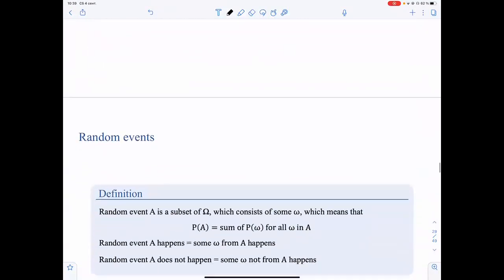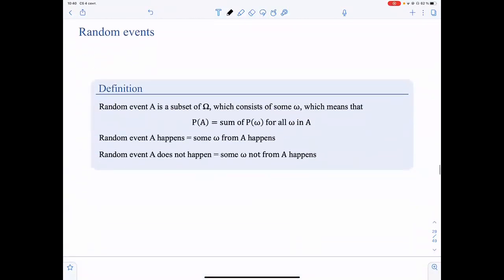As a result, we may define the probability of a random event. A probability of a random event is a sum of the probabilities of elementary outcomes that are included in it.